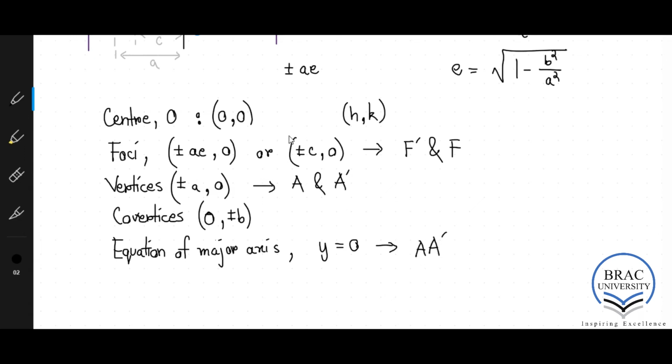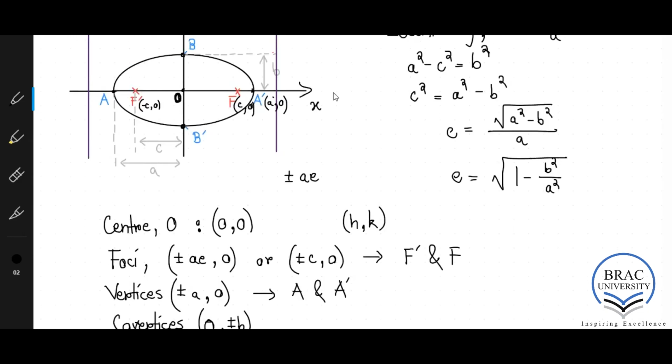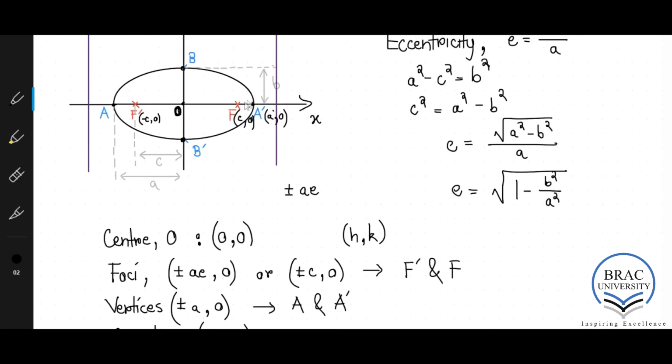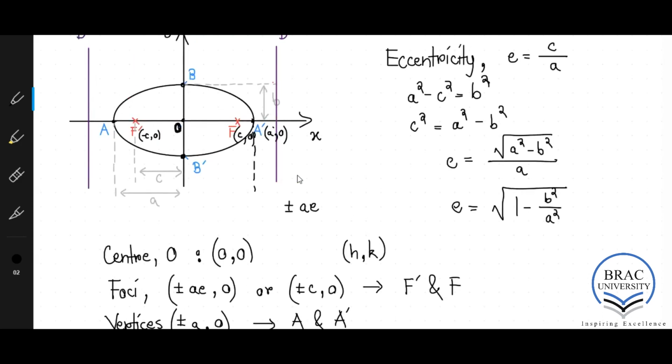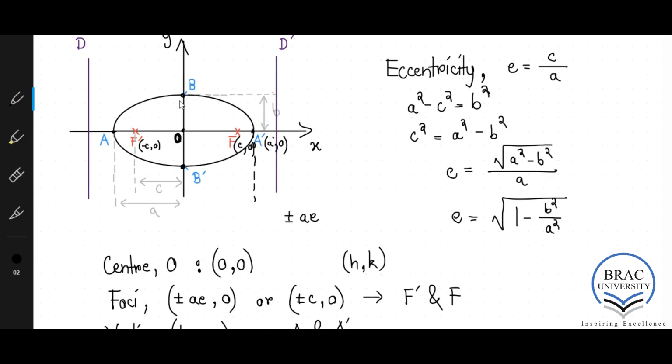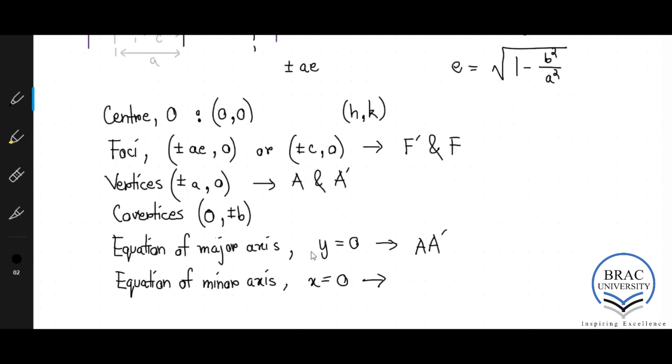Sorry, it's representing the line from A to A prime. And then we have the equation of the minor axis, which is x equal to 0, and this is representing BB prime, the line here, BB prime.